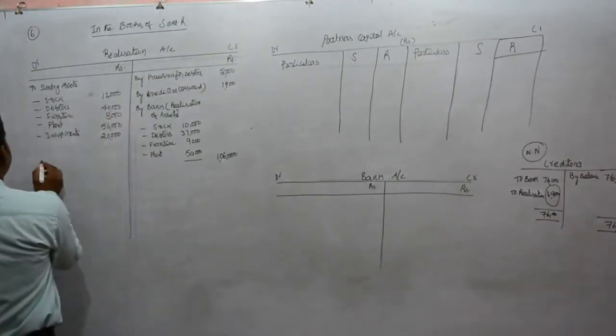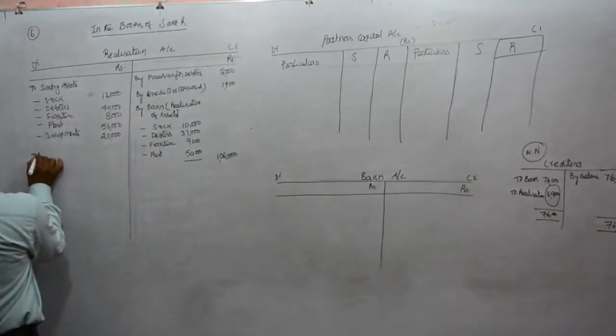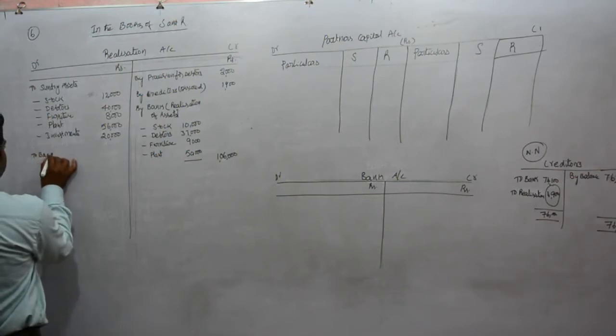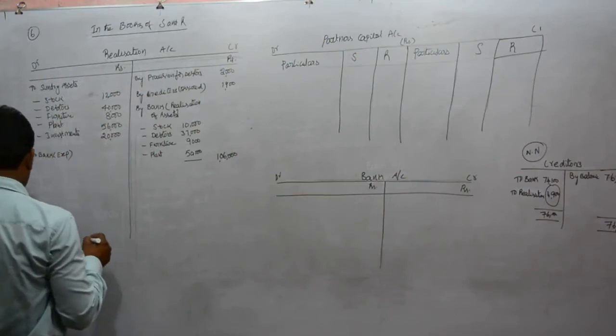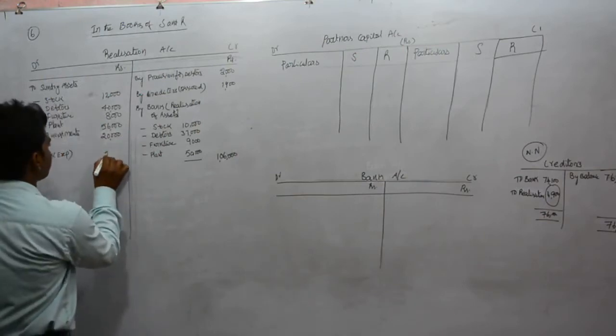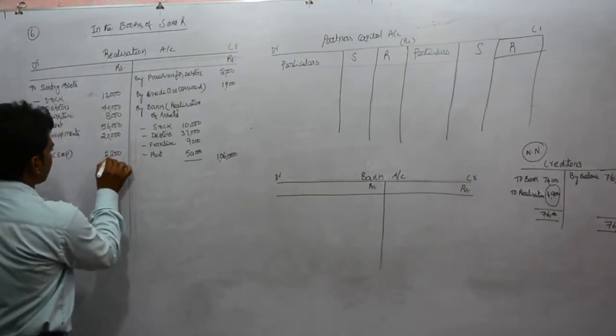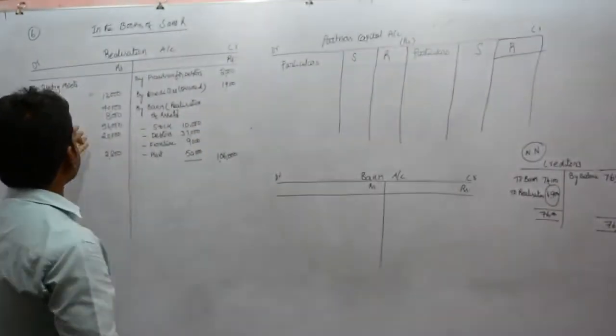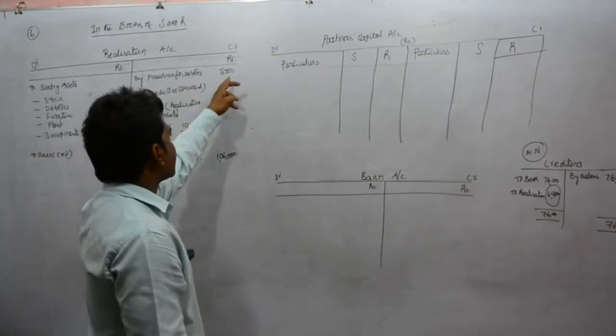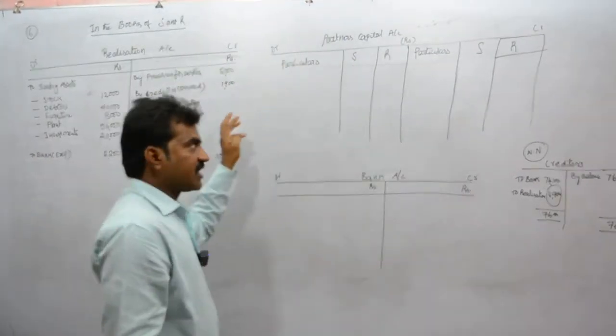Next, they paid some realization expenses through bank, that is 2,200. Understand? So see here, all assets we have transferred and provision for debtors also we have transferred to the credit side.